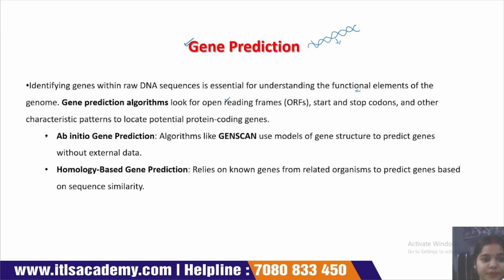First is ab initio gene prediction. Algorithms like GenScan model the gene structure to predict genes without external data. GenScan is a tool used to predict genes.